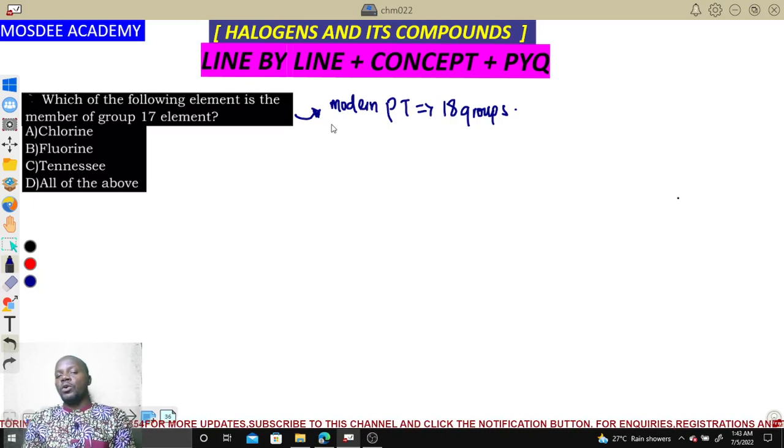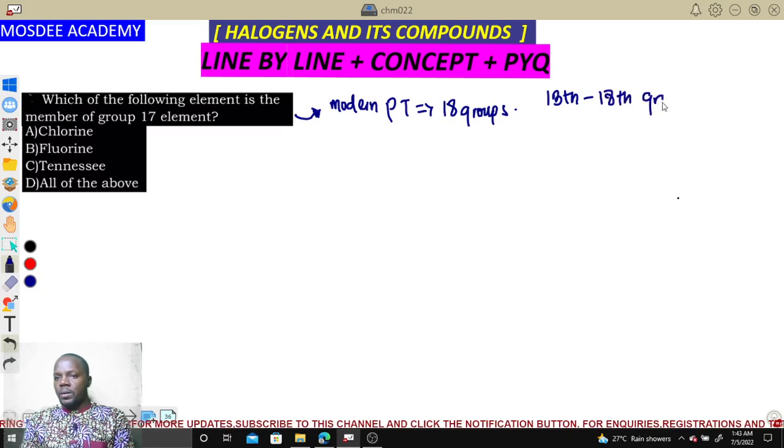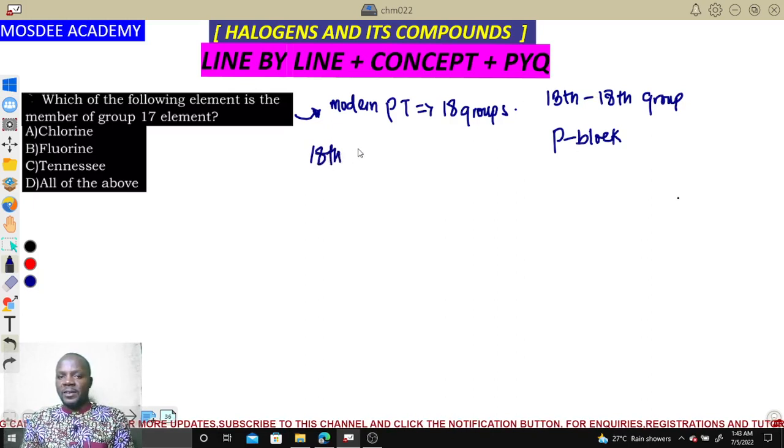So the 13th to 18th groups are basically called the P block. You just need to place it, the P block elements. The 18th group is called the noble gases or inert gases.